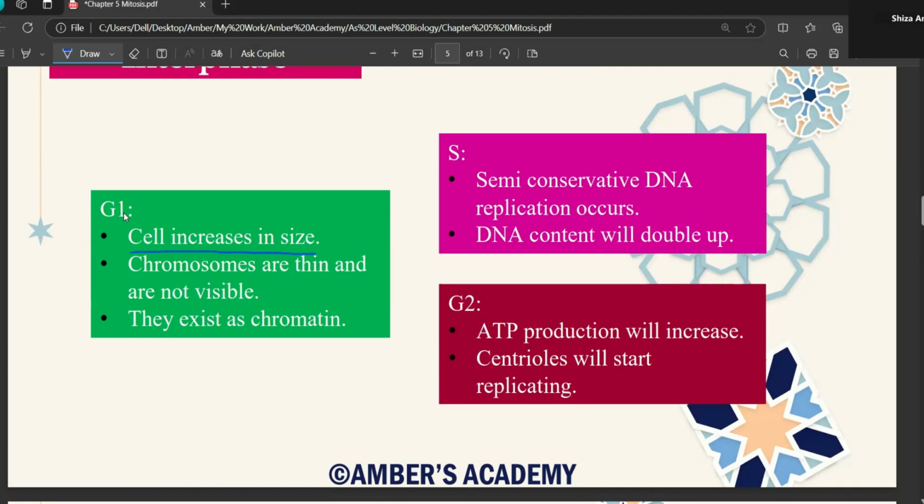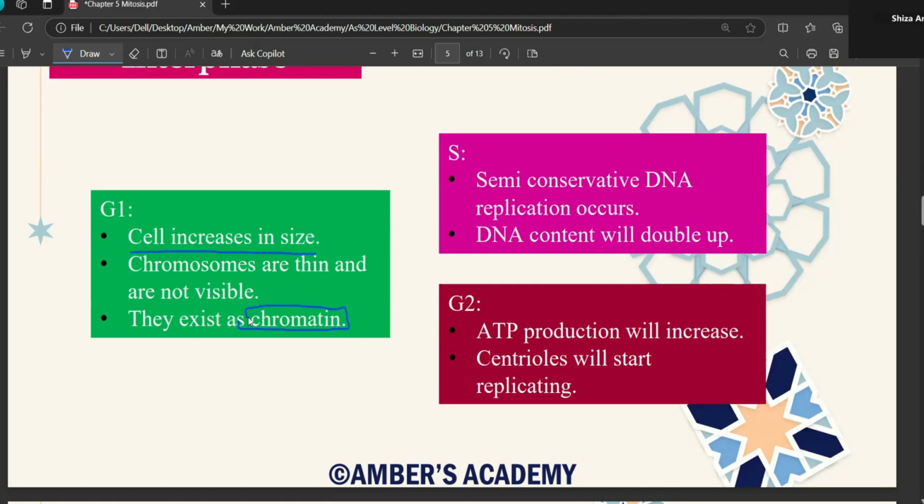So here we can say that your cell is in a non-dividing condition at G1. If you see the cell at G1 phase, you'll find that chromosomes are not visible. Rather, you'll see chromatin, which are thin thread-like structures.